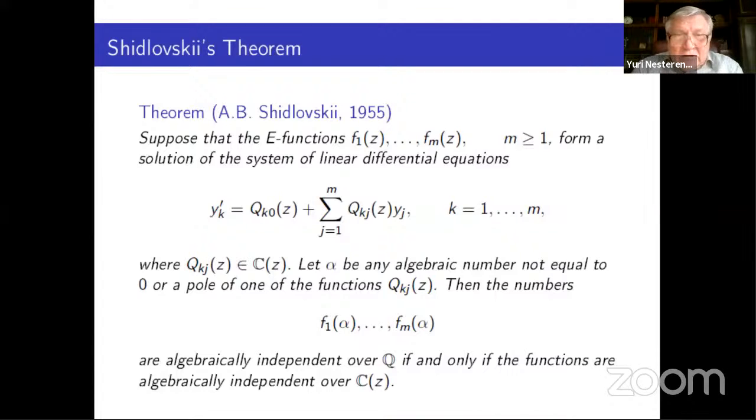The main result about these E functions was proved in 1955 by Shidlovsky. This is a general theorem that reduces the problem of transcendental number theory to a functional problem: are there any algebraic relations among these E functions over the field of rational functions?